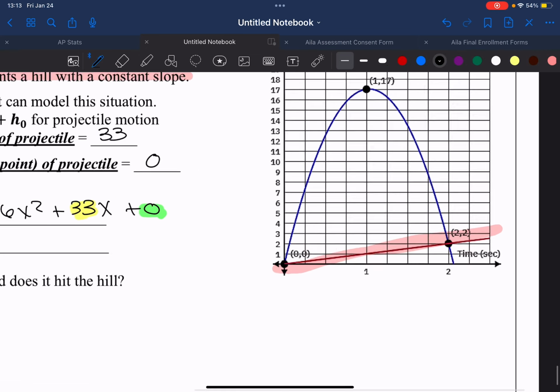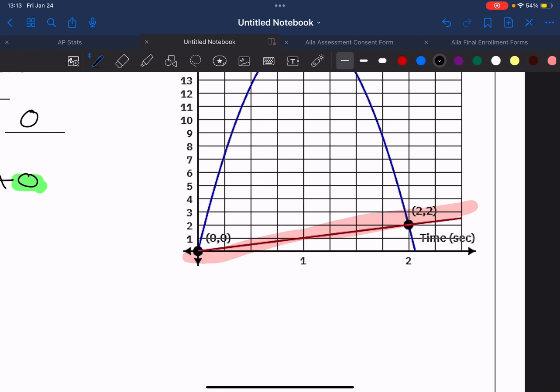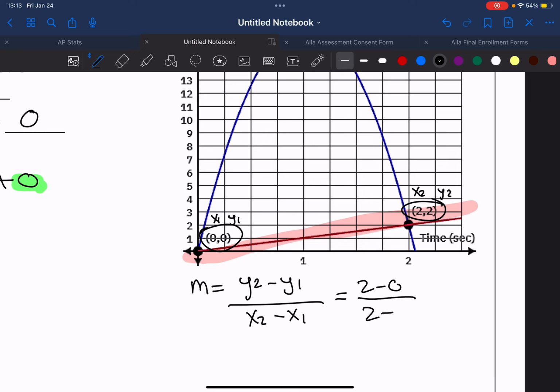I'm going to zoom in over here. We're going to label this first point 0, 0 as x1, y1, and this point 2, 2 as x2, y2. So the slope, m is equal to y2 minus y1 over x2 minus x1, which means I have 2 minus 0 over 2 minus 0, which is 2 over 2, which is 1.